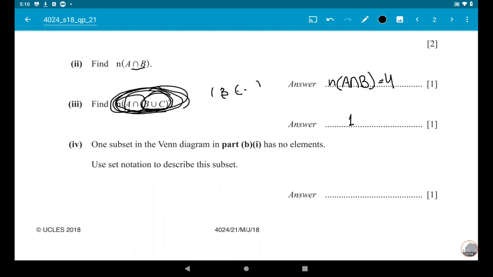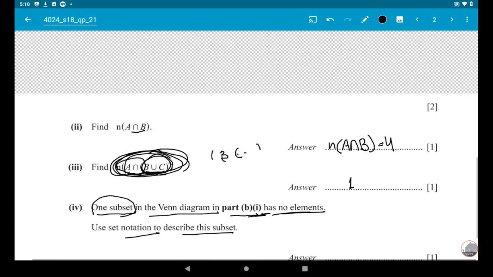Okay, the last question is: one subset in the Venn diagram in part B has no elements. Use set notation to describe this subset. He says one subset. Which subset?